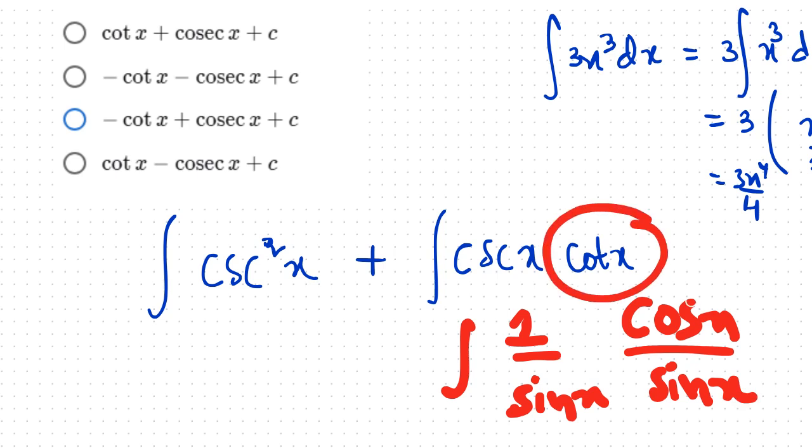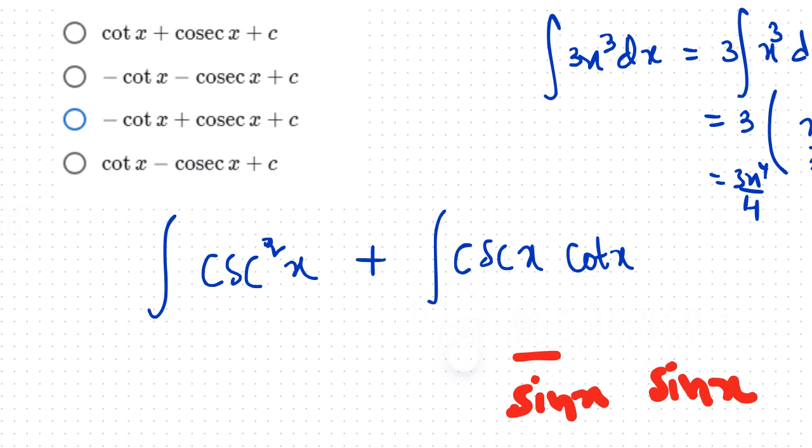Tan means sin by cos, so cot is cos divided by sine. But integration of tan is log sec x, so there is no direct integration of cosec and cot.